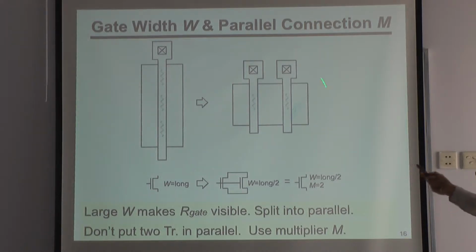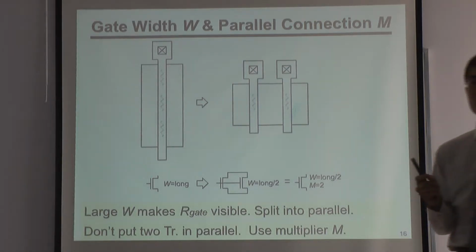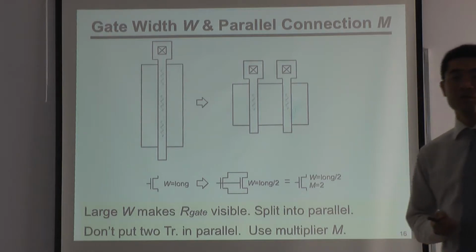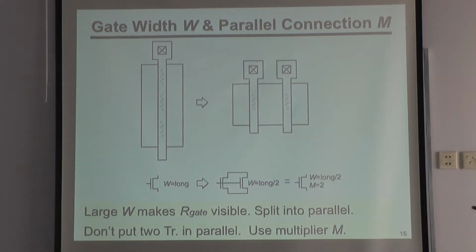But actually, this is completely parallel, so the SPICE simulator does not have to simulate two times. So in this case, we use half length and m equal 2. So that the SPICE simulator has only one symbol and it simulates only one time, so that we will have faster simulation speed. And also it is easy for design and easy to change this number. So we strongly recommend you to use m equal 2 like this. Don't use this schematic entry, but use one symbol with m.